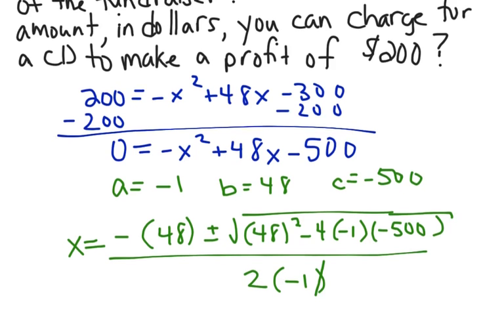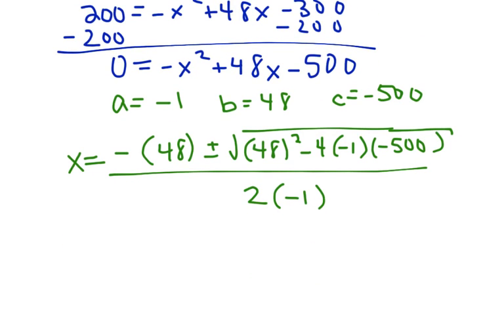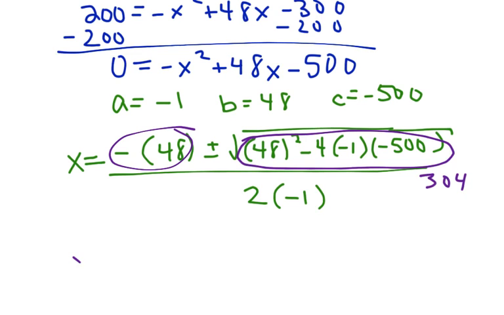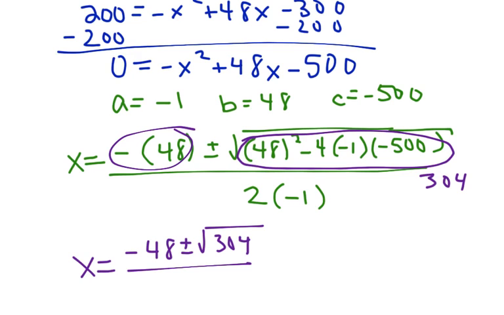Alright, now let's go back to the part where I said we want to solve this in parts. So evaluate the part that's under the square root sign. You should get 304. So -48 plus or minus the square root of 304 over -2.